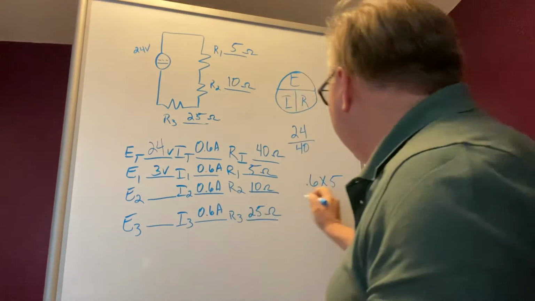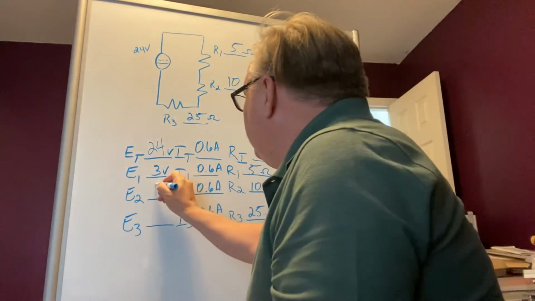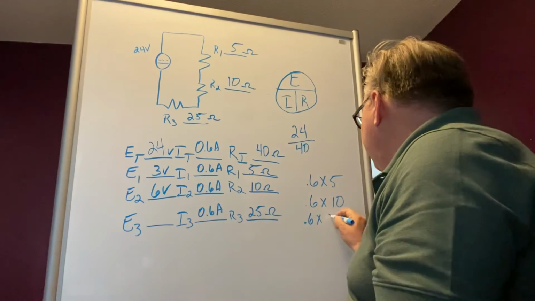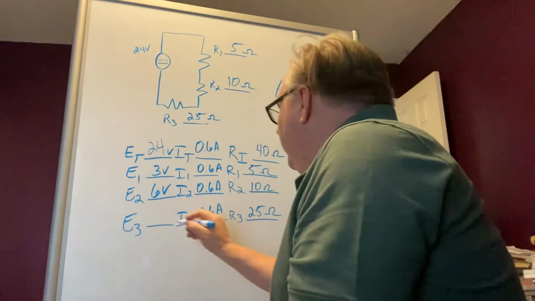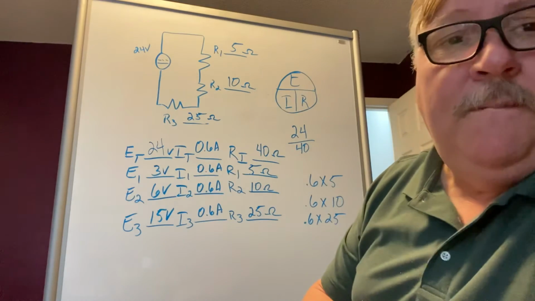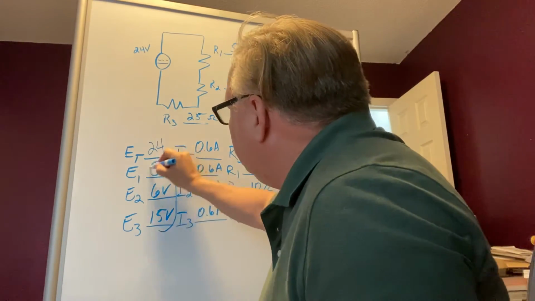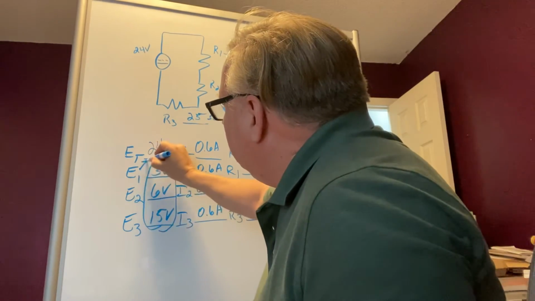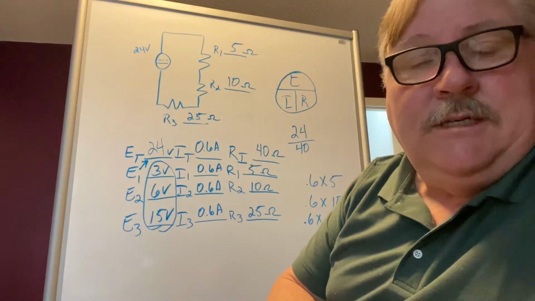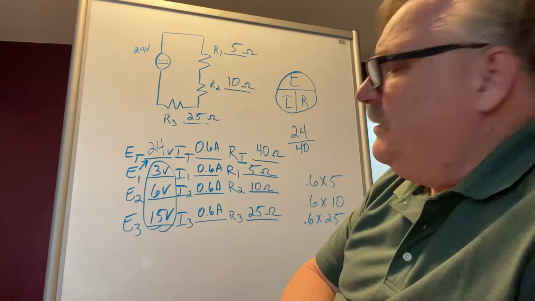Okay, 0.6 times 10 is going to give us 6 volts, and 0.6 times 25 is going to give us 15 volts. Okay, now the next question is, do all of these add up to this right here? And the answer is yes. Okay, 15 plus 6 is 21, plus 3 is 24 volts.